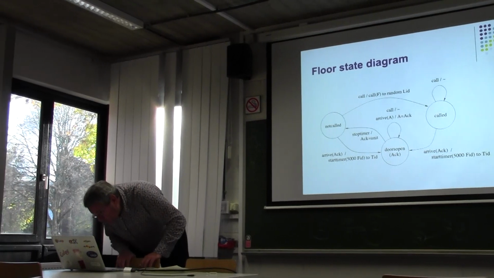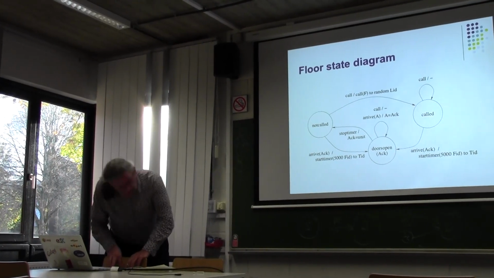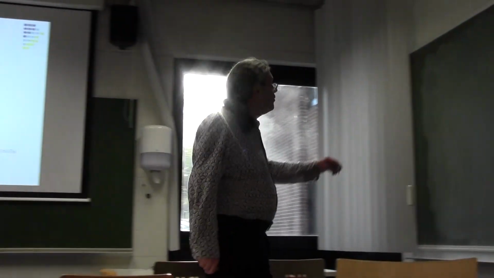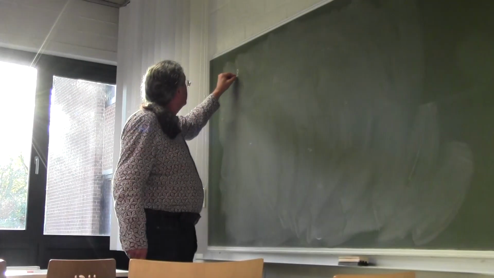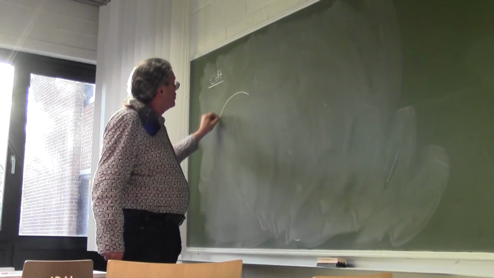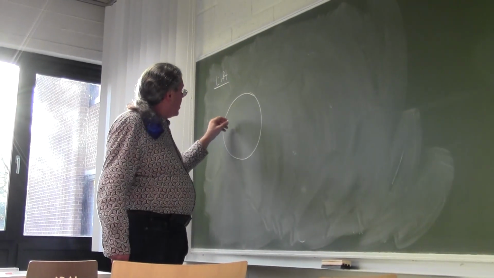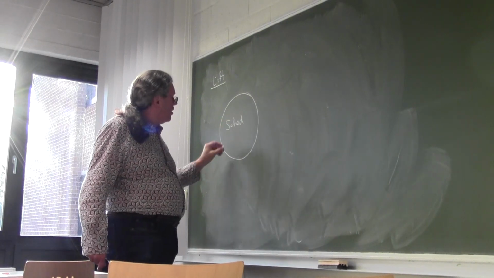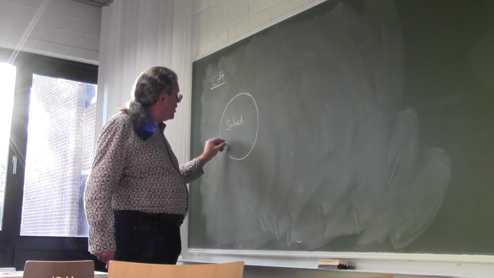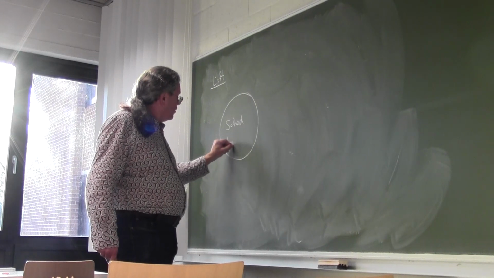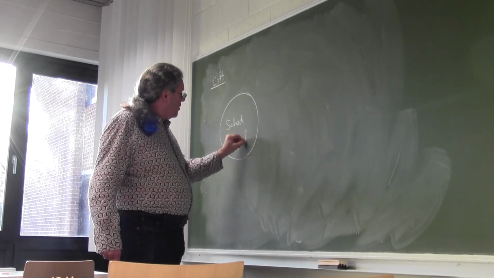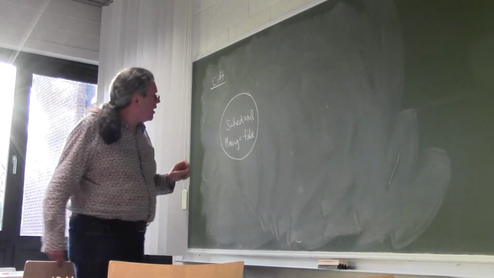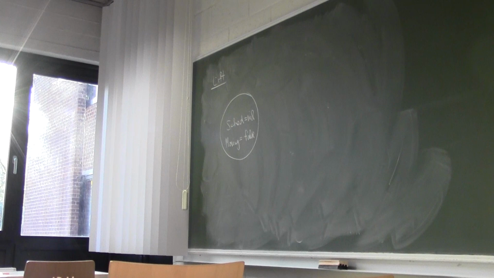Okay, let me just make sure. There's actually a schedule, which is the list of floors it goes to. So the lift has, let me call it a schedule. It also has a moving flag, which starts, in the very naive case, with the lift doing nothing. It also has to know a controller.